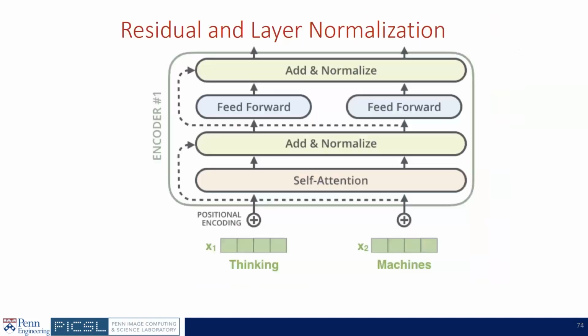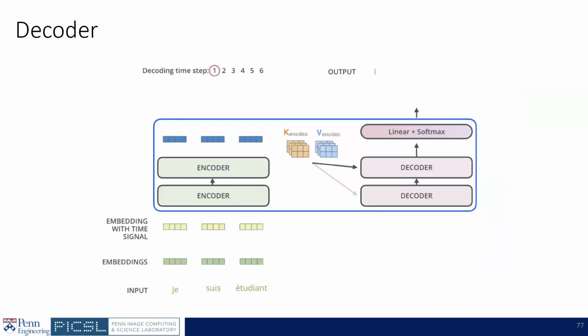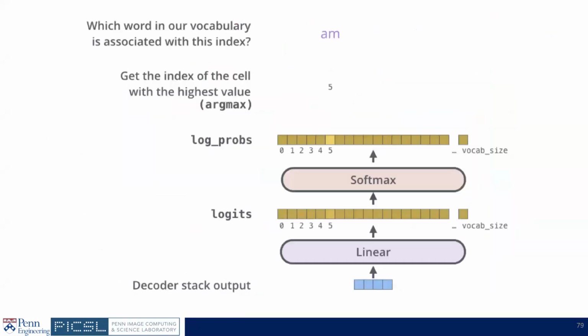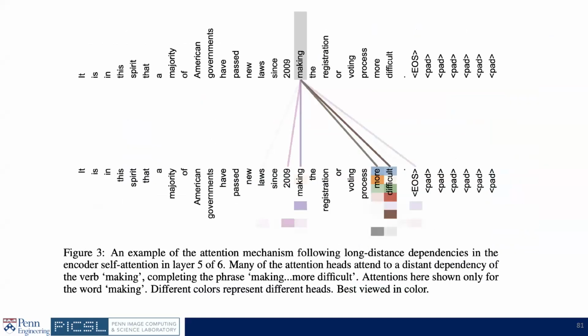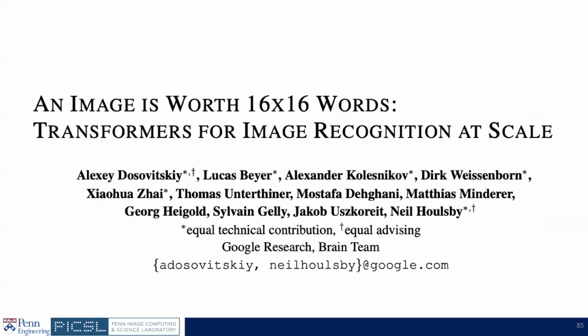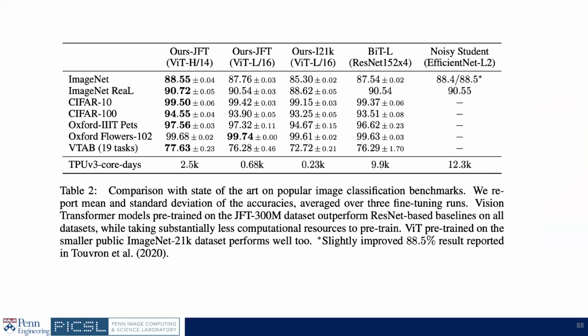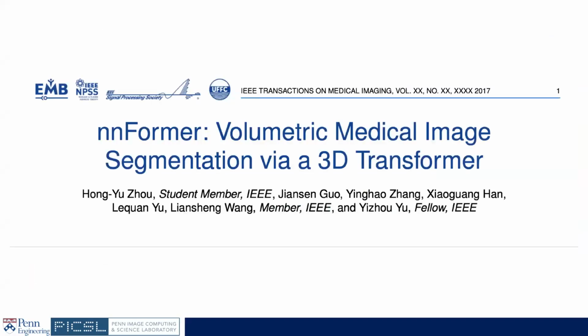I think I should stop here. We didn't get to talk about how decoders work in attention, or transformers. We didn't get a chance to talk about how these things can be used for images. And I also wanted to cover some code and talk about how transformers are used in image segmentation.